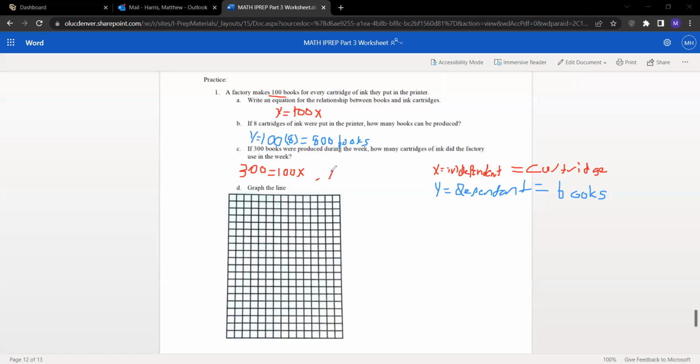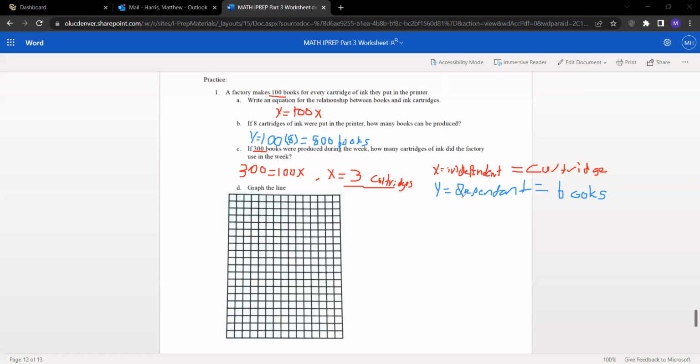And when we do that, we get x is equal to 3. So we have 300 books, we have 3 cartridges of ink. Cool. So we now have an equation. We see that it works both ways. We can figure out books or ink based on each other.